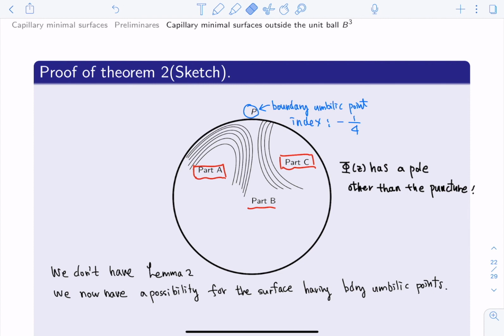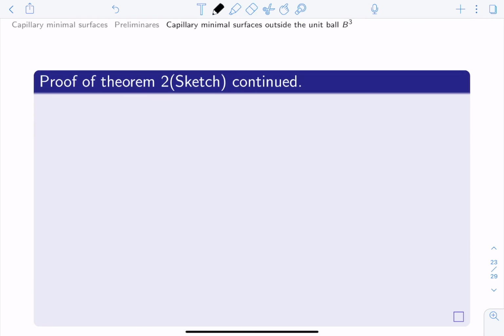So after finding out that there is no boundary umbilic point, we can proceed as follows. So we have the fact from now that z squared times phi z, as before, is alpha plus i beta.